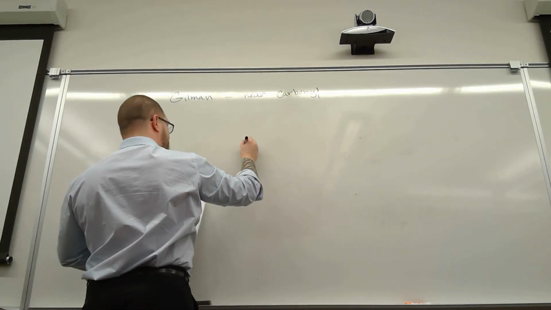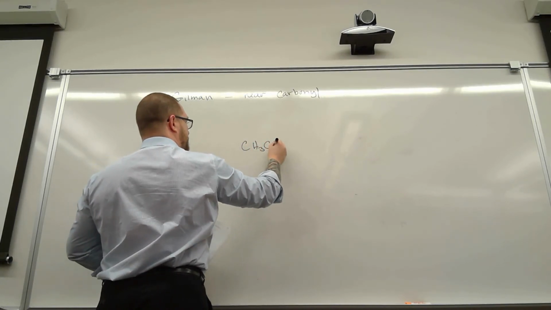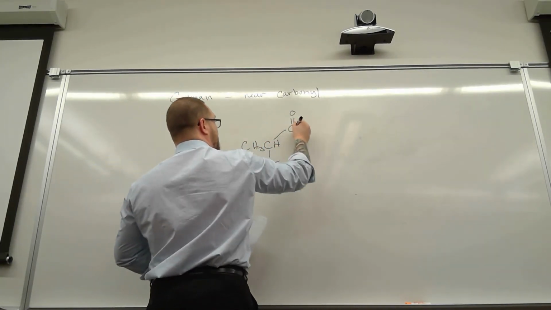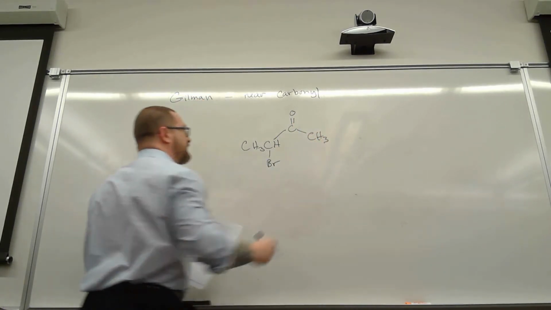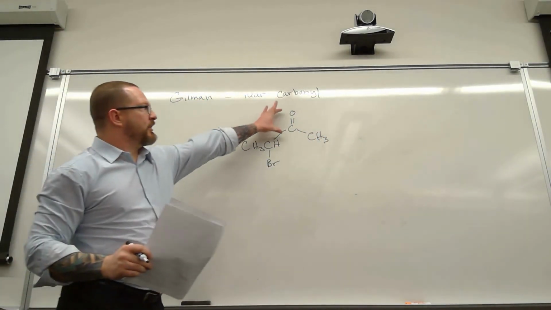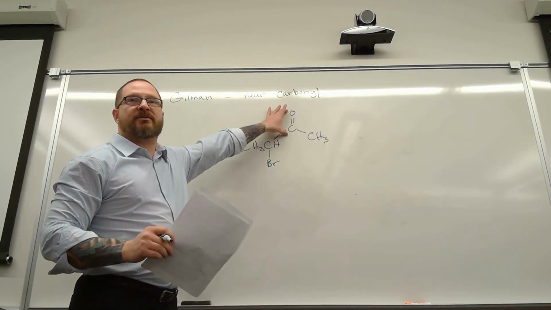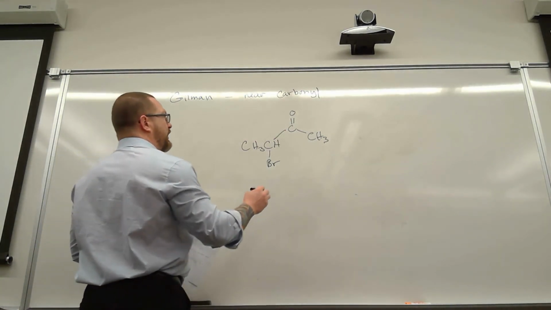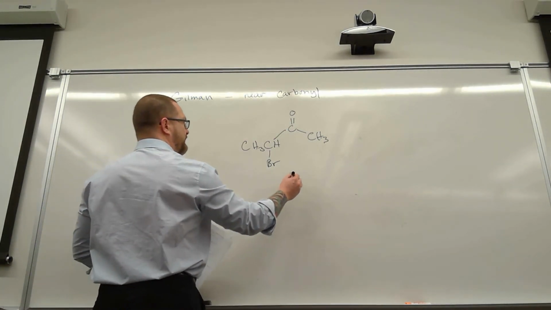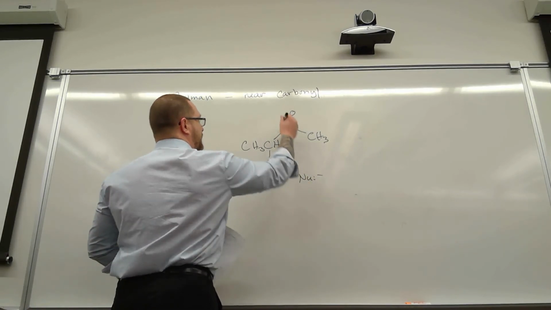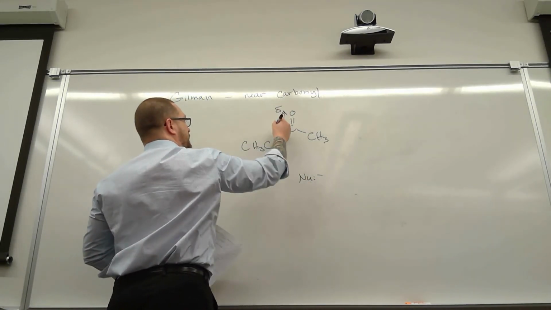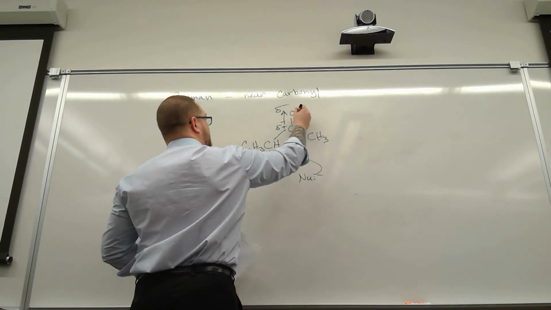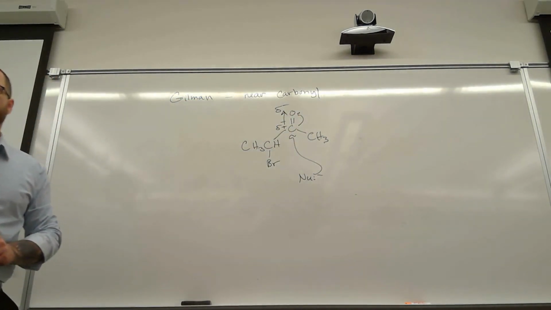So if you've got this ketone, and this is a carbonyl functionality, whether it's a ketone or an aldehyde, a Grignard is such a good nucleophile that it can come in and attack the carbonyl.